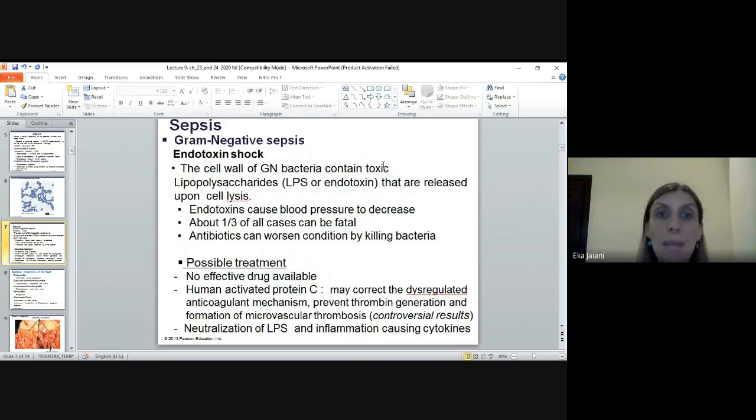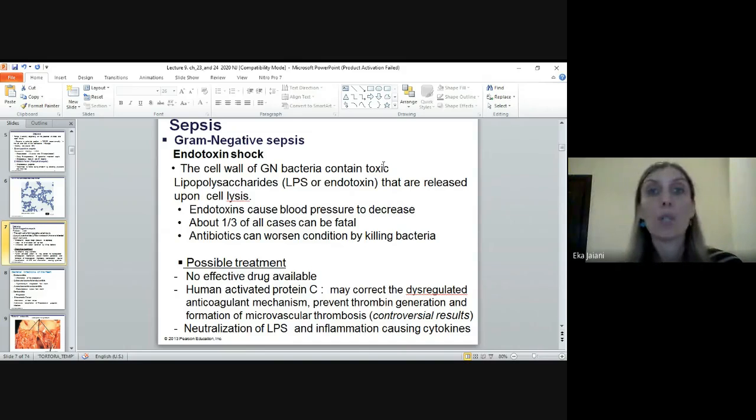Gram-negative sepsis is very severe because gram-negatives have endotoxins in their cell wall. This is lipid A, which plays the main role. Endotoxin is a cell wall component. We have peptidoglycan in bacteria.